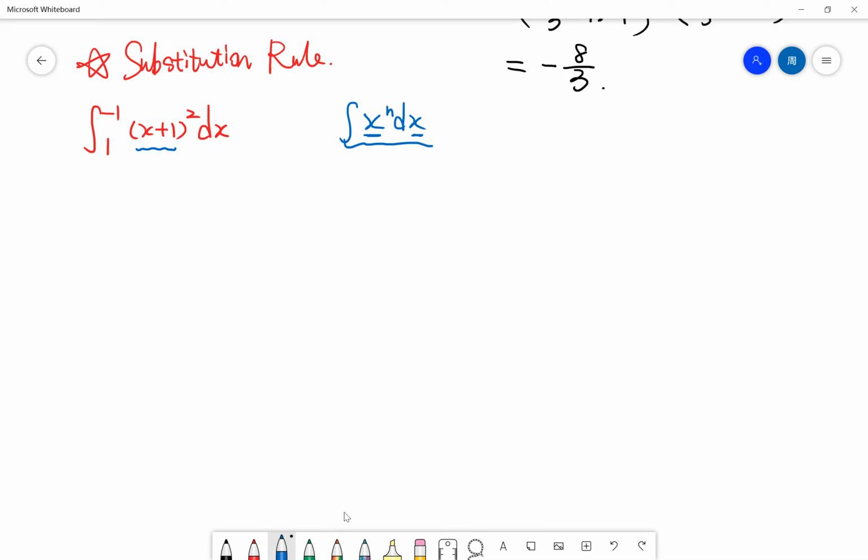So here, we can first let u be x + 1. And then, guys, you will find du equals d(x+1), which means dx, right? So du equals dx.